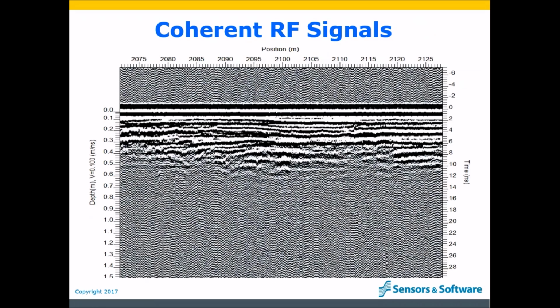Here's some GPR data that is badly affected by external coherent RF noise. How do I know that this is from an external source and not GPR signal? I know this because the signals were present at the top of the image before the GPR transmitter fired.